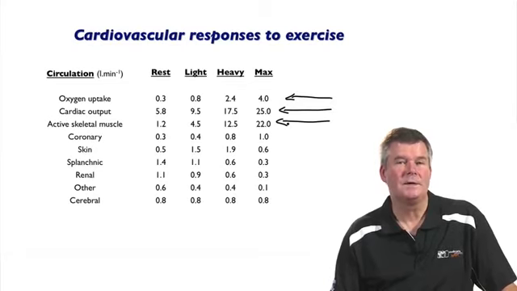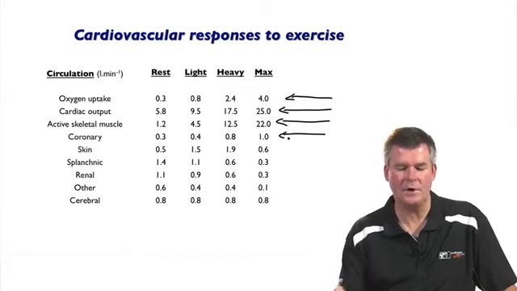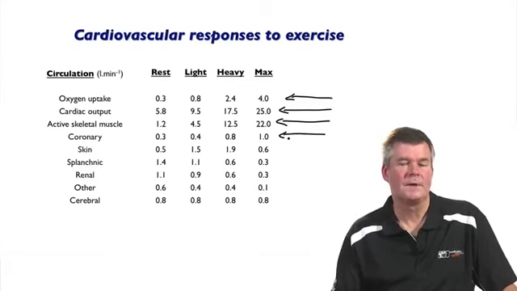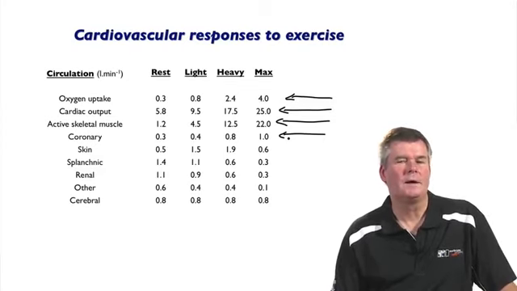The heart increases its activity during exercise, and so there's a slight increase in the coronary blood flow. And as we'll see in the next module when we talk about heat and fluid balance, an important way of removing heat during exercise is the evaporation of sweat, which requires the transfer of heat to the surface of the body, to the skin.